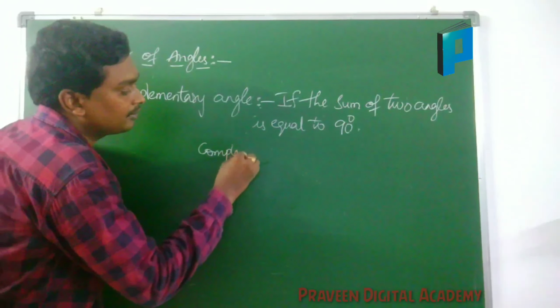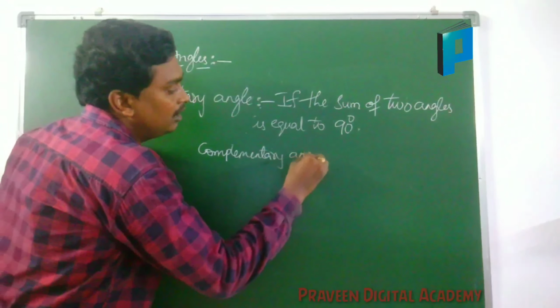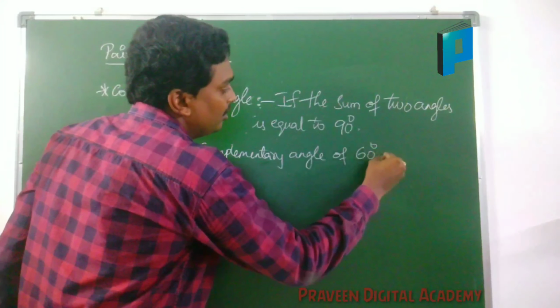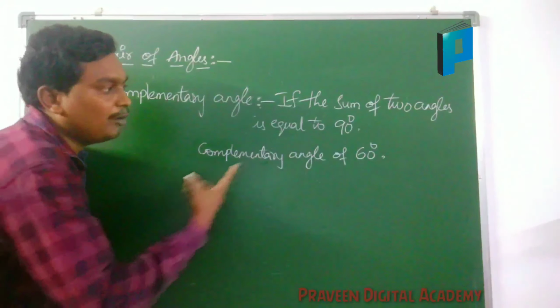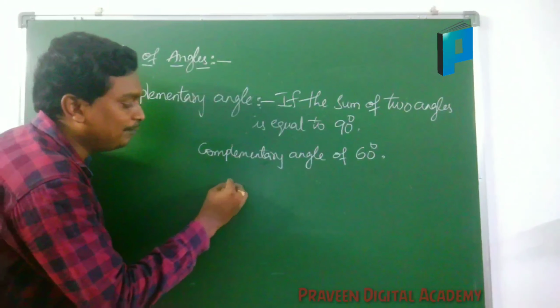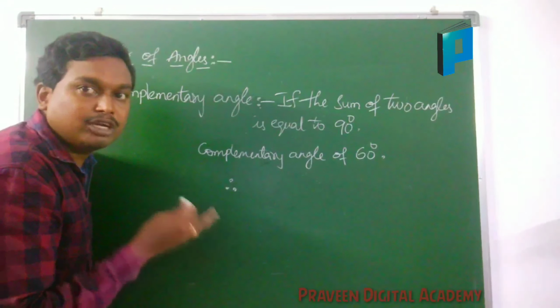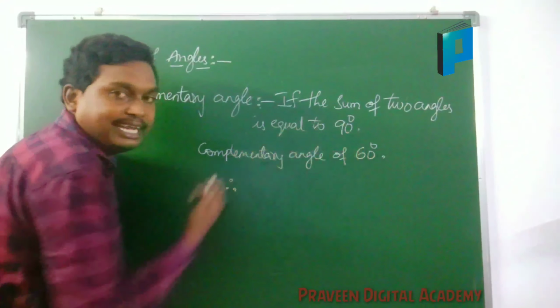Complementary angle of 60. What is the complementary angle of 60? They will ask. Simply remember, the complementary angle of 60 means the sum of the two angles should be equal to 90 degrees.